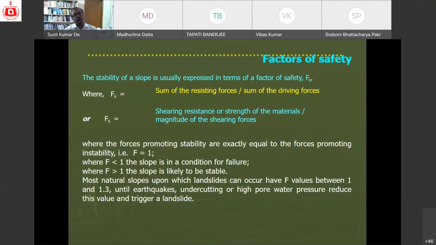But when it is disturbed by anything, maybe we are cutting the slope for constructing roads, the resistance power is lost. Then if there is a high amount of rainfall or an earthquake, all these things, resistance is lost.